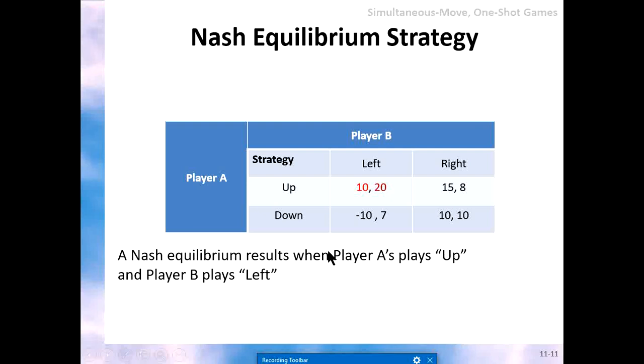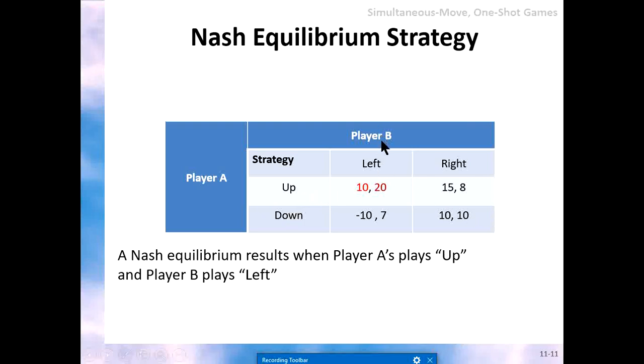So for player B, either he chooses left or right. By choosing the left side, he may get 20 or 7. If he chooses the right, he may get 8 or 10, depending on player A. Since player B knows that player A has a dominant strategy, which is up, it is more likely that player A is playing up.